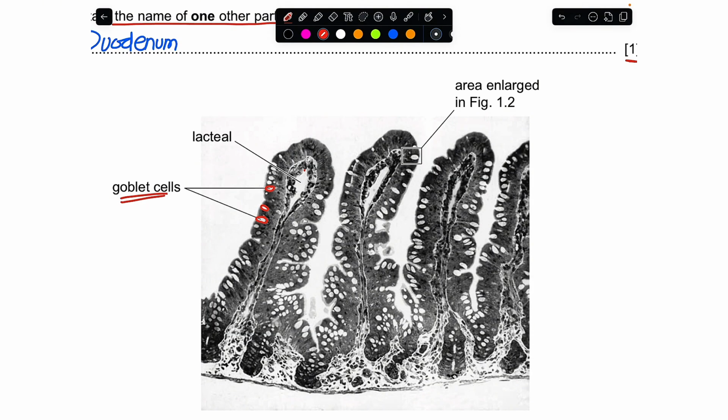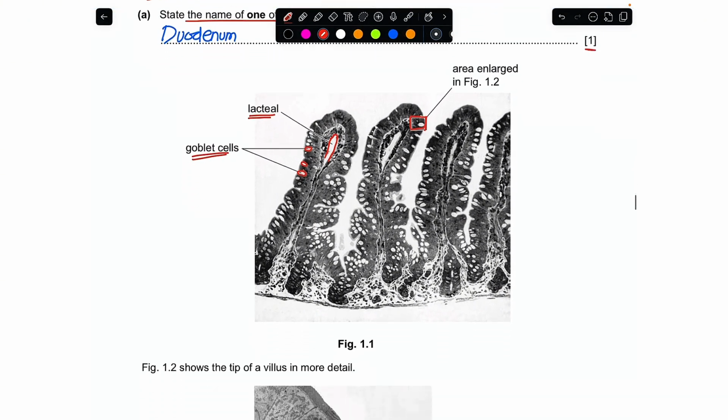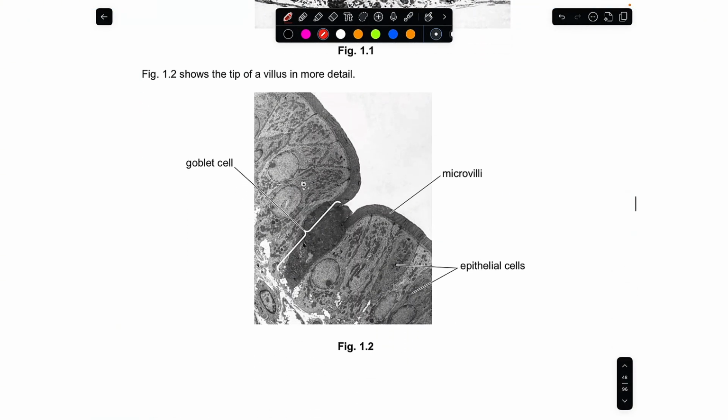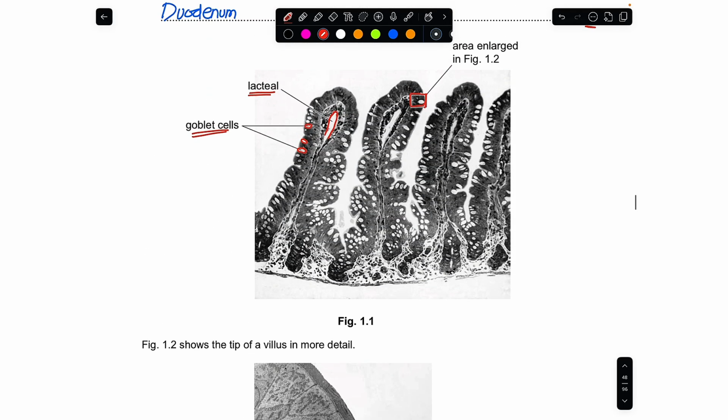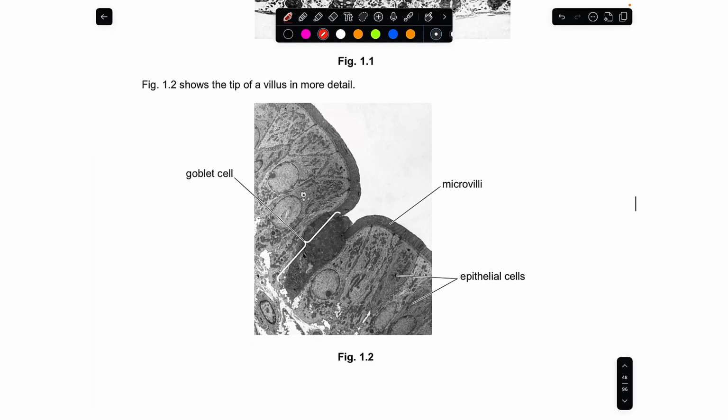If we come here at the center of the villi, they show us a lymphatic vessel, that is the lacteal. They say that this part that is marked here, they show us an enlarged section of this. So this part right here, its enlarged diagram is shown here.